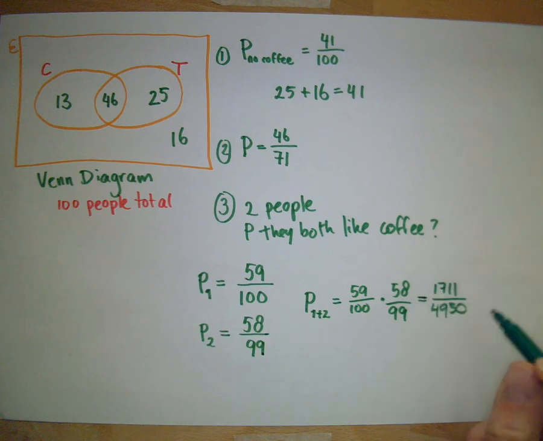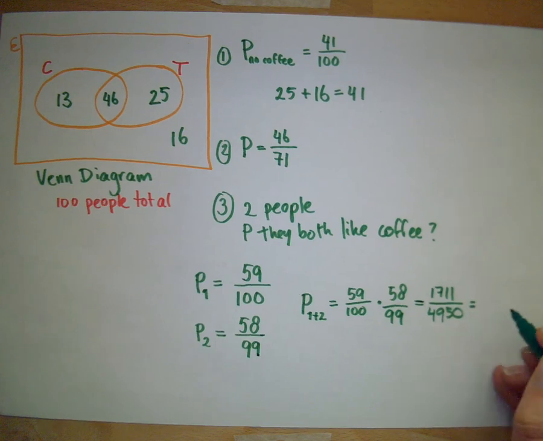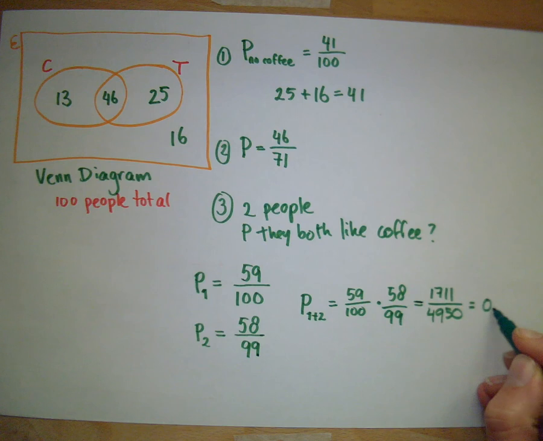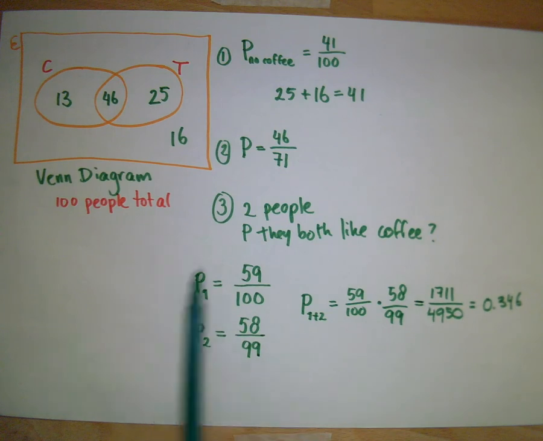And these are big numbers, so if I want to plug that into my calculator and show it as a decimal, that gives me a better idea. 0.346. So this is like almost 35%, right? 35% chance that the 2 people I pick both drink coffee. That sounds about right. Okay.